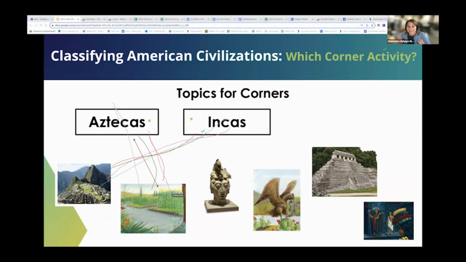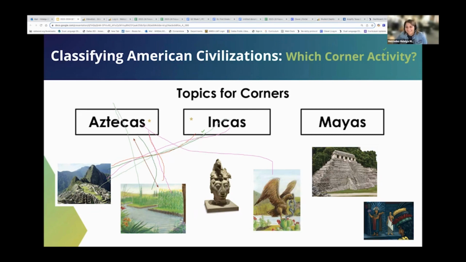Okay, the third one. This is a tricky one. Which do you think this one belongs to? This one here, the sculpture. Can anybody walk to that corner?